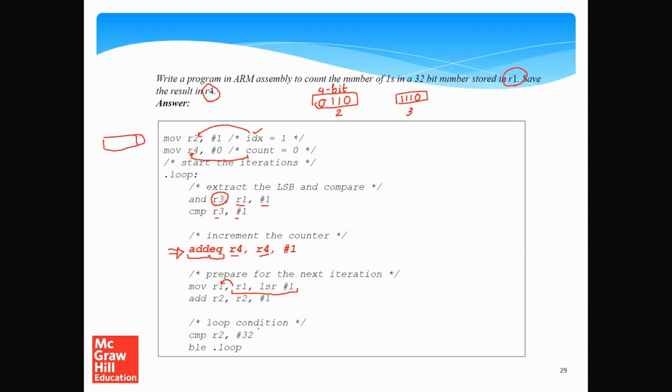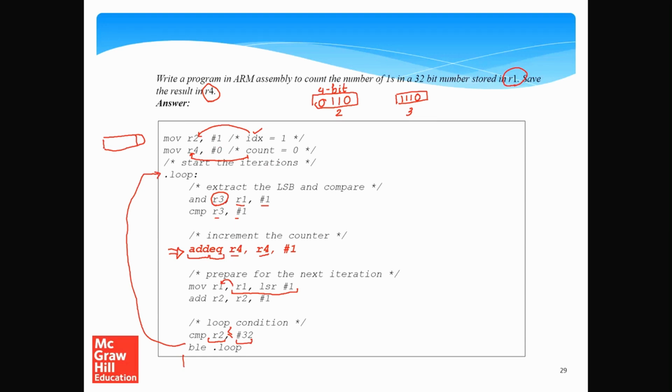Then once the index reaches 32, we compare. We start with the index of 1, so basically 1 to 32 times we need to loop, but once it is 33 we need to get out. So we compare R2 with 32. If R2 is less than or equal to 32 (BLE), we go back to the original looping instruction, otherwise we come out, and the final result is saved in R4, which is the count.